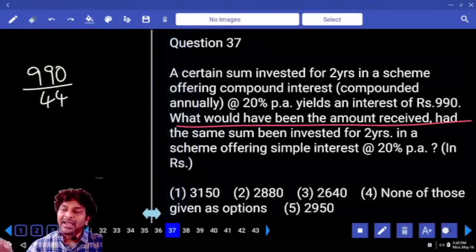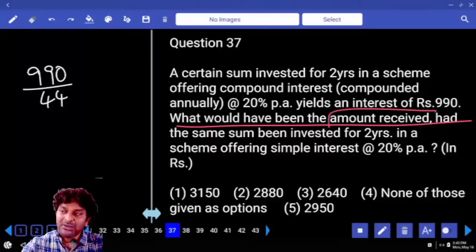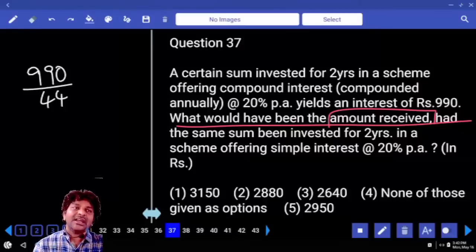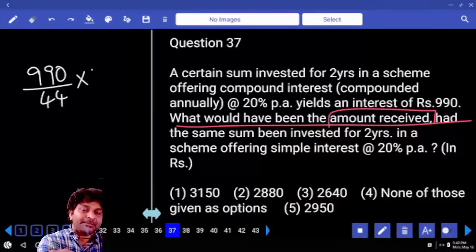What would have been the amount received had the same sum been invested for 2 years in a scheme offering simple interest at 20% per annum? At the rate of 20% per annum, interest for 2 years is 40%. But were you asked to calculate interest? No. What? Amount. Amount is 140%. That is into 140.